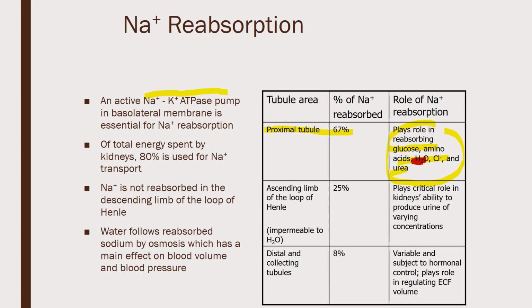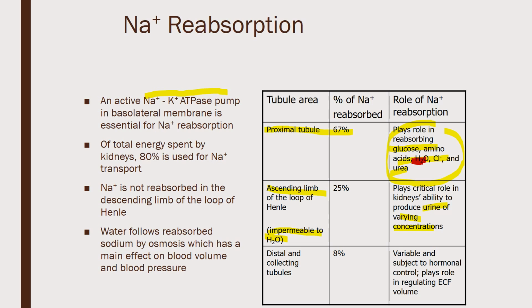All right, so then another 25% is going to be reabsorbed within the ascending limb. And the important thing to remember here is that the ascending limb is going to be impermeable to water. So this is going to help with the concentration of urine, okay?